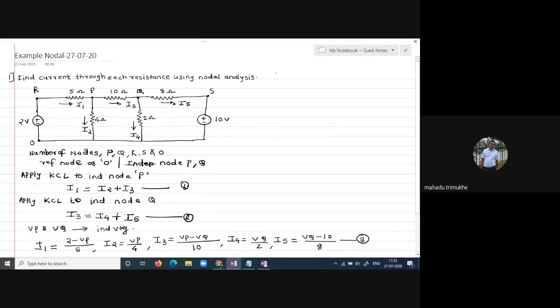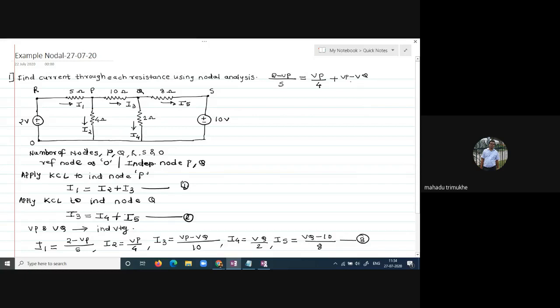So I1, that is (2 minus Vp) divided by 5, is equal to Vp by 4, that is I2, plus I3, which is (Vp minus Vq) divided by 10. That is equation number 4.